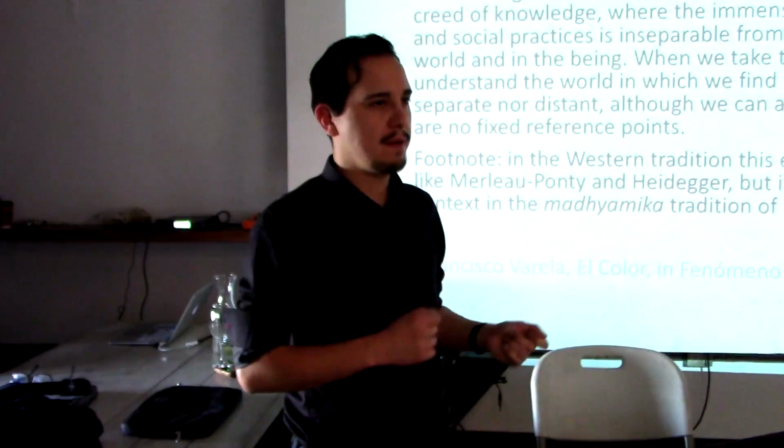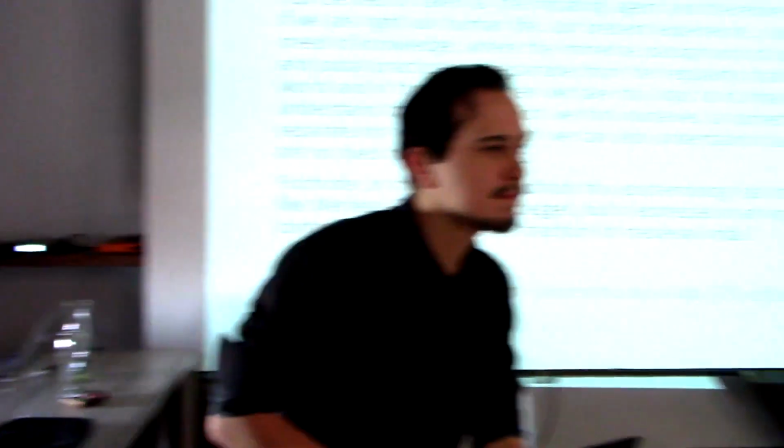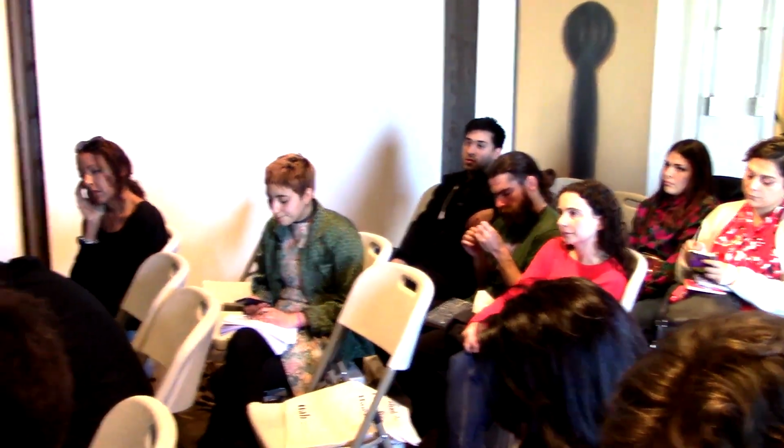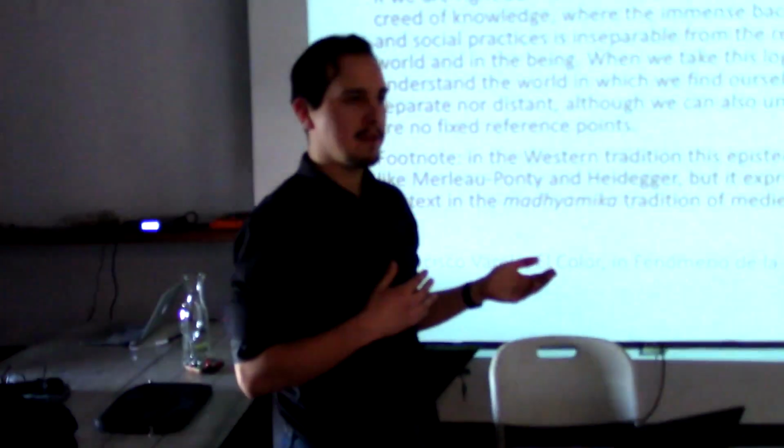Yes, but the scientists start from that point of view. So that's why color is so important, because from that framework you cannot explain color. You try to explain color from the framework of inside and outside.